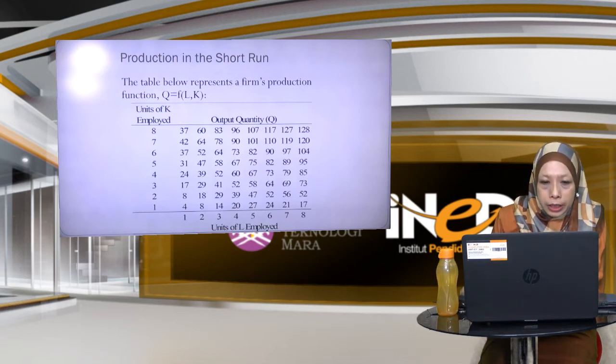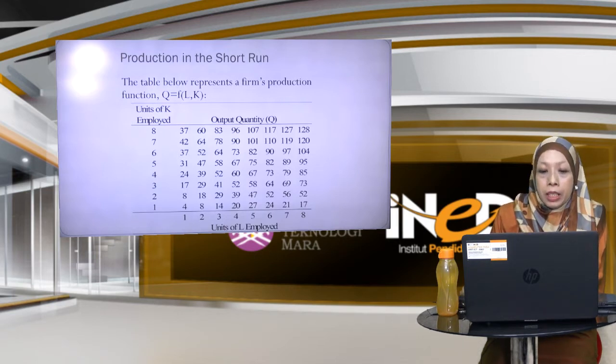For example, if you want to produce 47 units of output, you can use 5 units of capital and 2 units of labor. Now there is another alternative to produce 47 units of output.